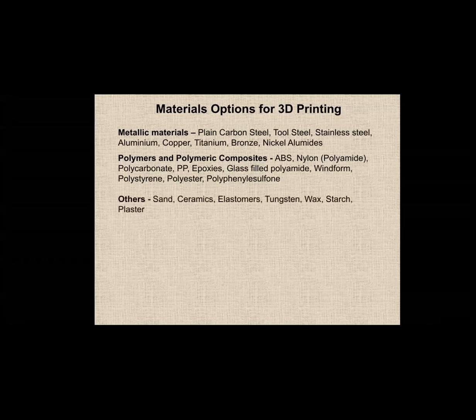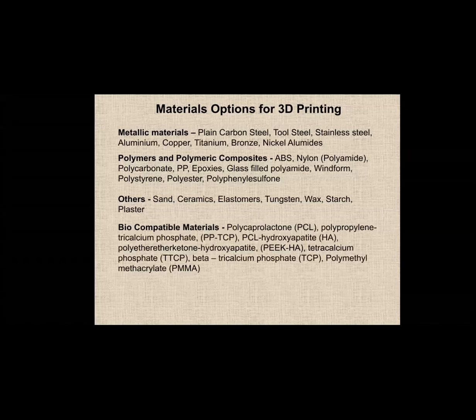So next, the other materials. Previously it was limited to plastic or polymer materials. Nowadays, by using the 3D printing process, we fabricate all kinds of materials: ceramics, even ceramics, tungsten, wax, starch, everything. Especially in biomedical applications, we use starch as the material in some applications. Natural fiber reinforced composites, we call it NFRP composites.